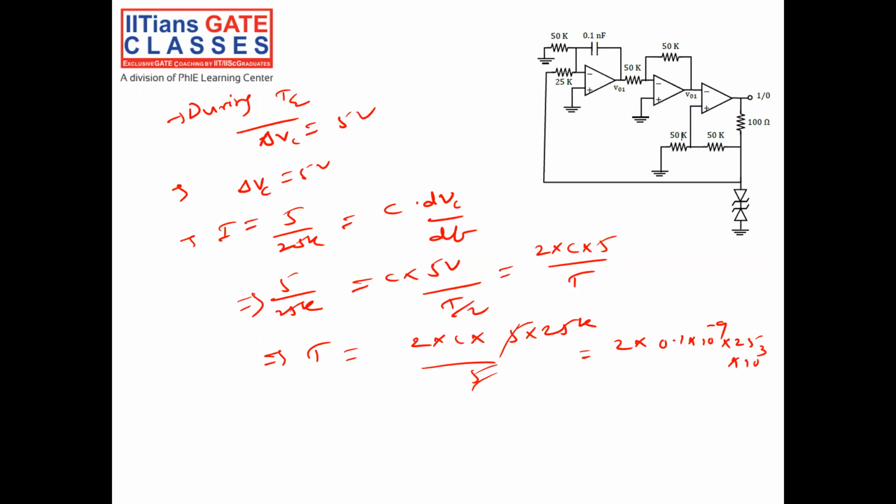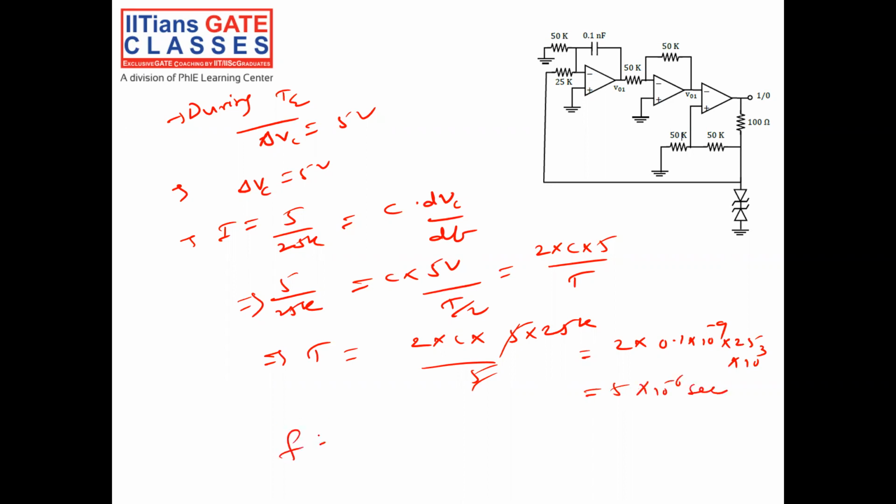Then how much are we getting? Time period is 2 into 0.1 into 10 power of minus 9 into 25 into 10 power of 3. This is my time period. Time period is nothing but, guys, 5 into 10 power of minus 6 second.